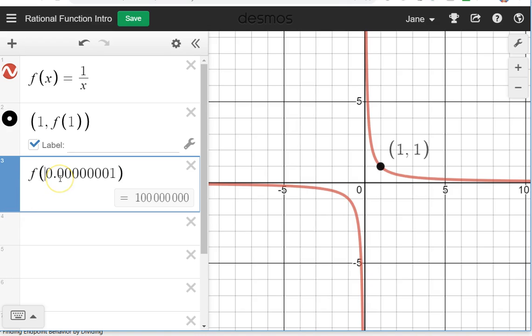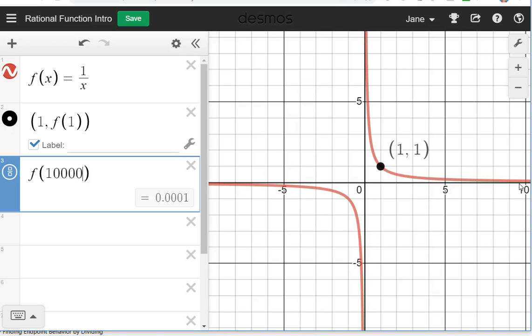And now what happens if x gets really, really big? Let's put in a pretty big number. Let's do 1,000. Well, y is 0.001. So when x is getting really, really big, imagine it going off to the right, y is getting closer and closer to the x-axis, to 0.